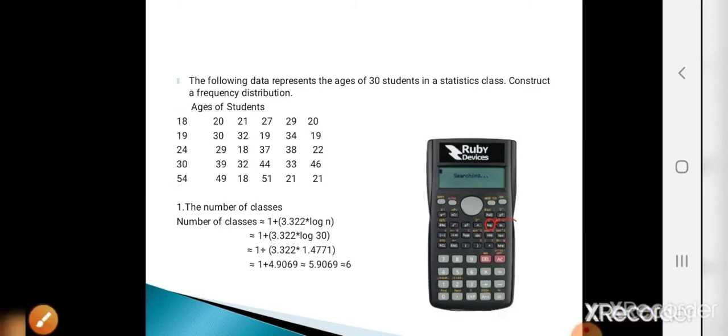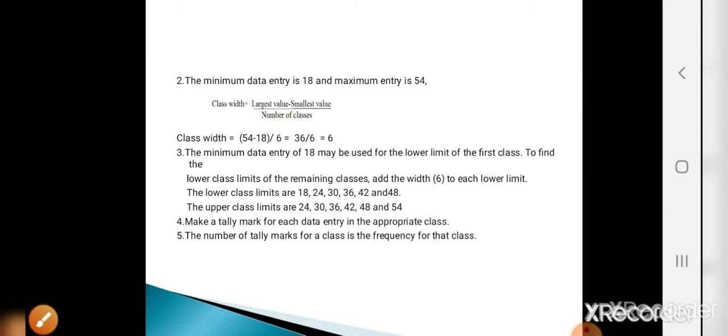Now just plug the values in the formula. So largest value is 54, smallest is 18, divided by number of classes, which is 6, calculated in step one. So 54 minus 18 is equal to 36 and divided by 6, that is 6. So class width is equal to 6.